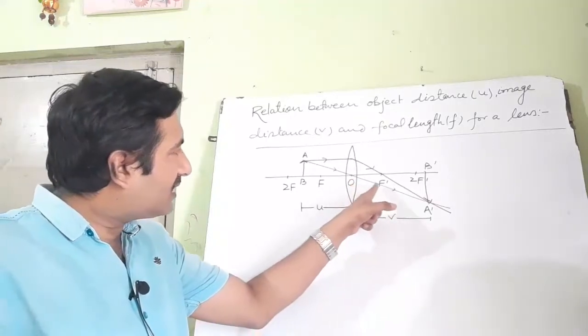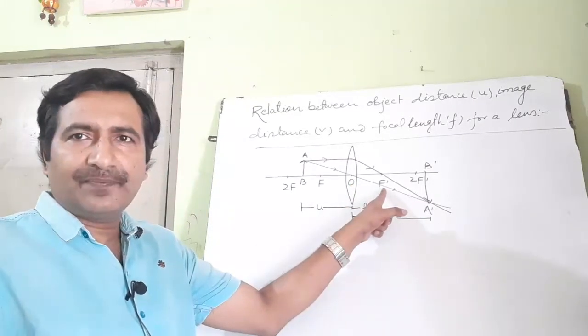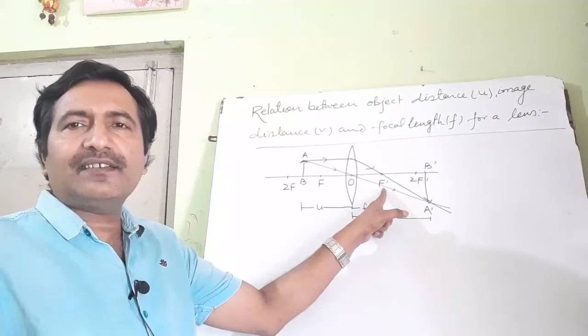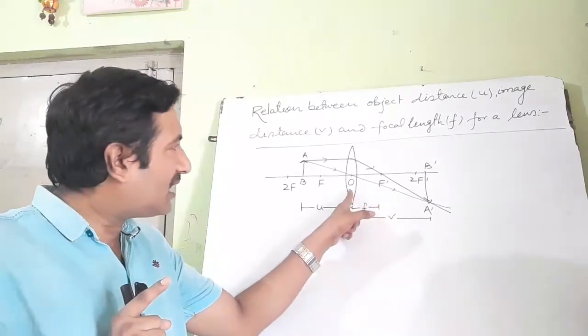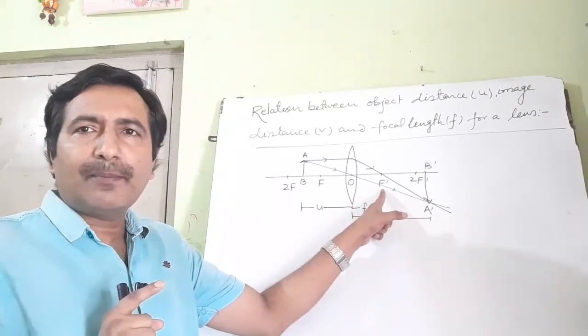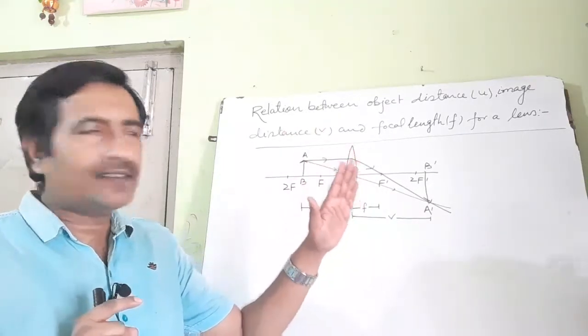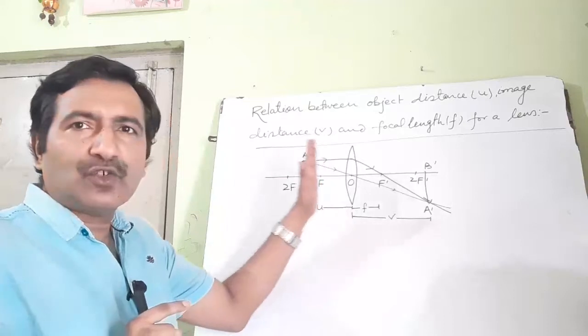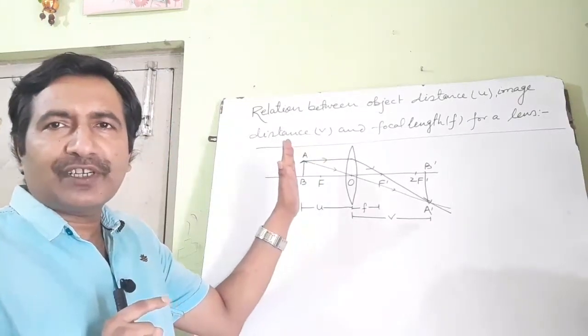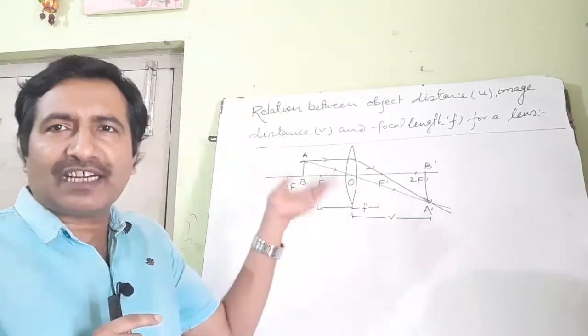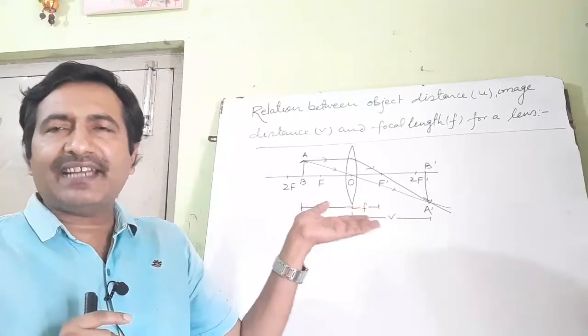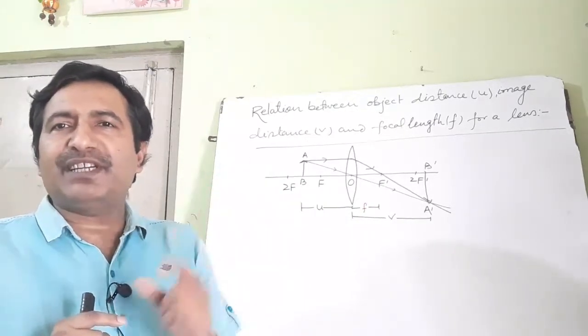So this is in the direction of incident rays, hence it is positive. Means focal length of a convex lens is positive. In case of concave lens, the secondary focus is just towards the object, so its distance will be opposite to the direction of incident ray and that focal length will be negative.